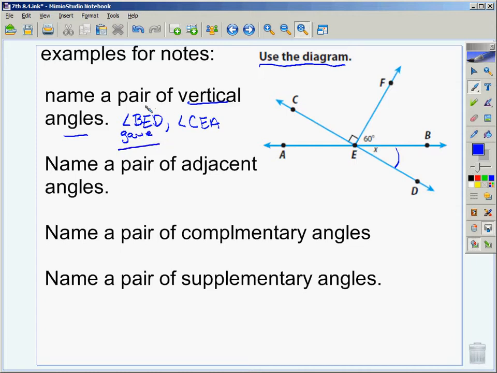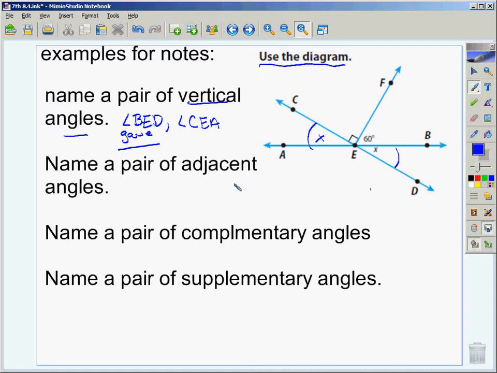I said, if I give you BED, what's vertical to it? And the only one vertical to BED is what? CEA. What can you tell me about CEA and BED as far as their measurements? They are the same. If this one was X, this one's also what? X. Okay, I'm just going to put that there for a minute.